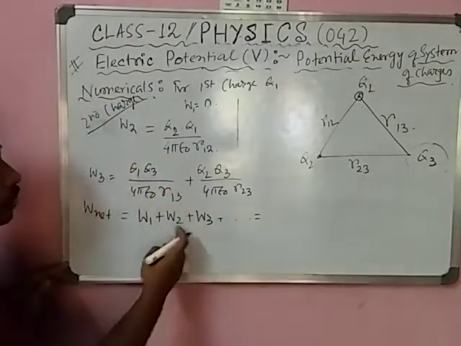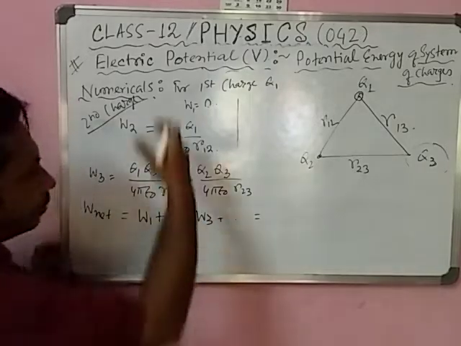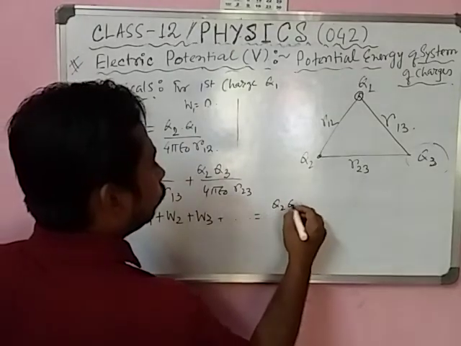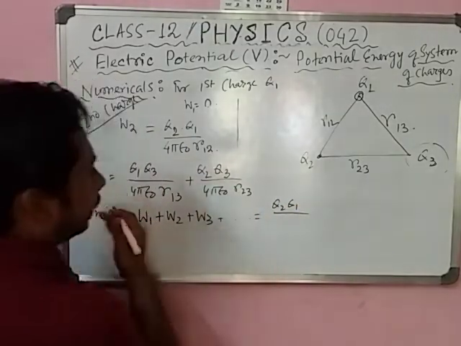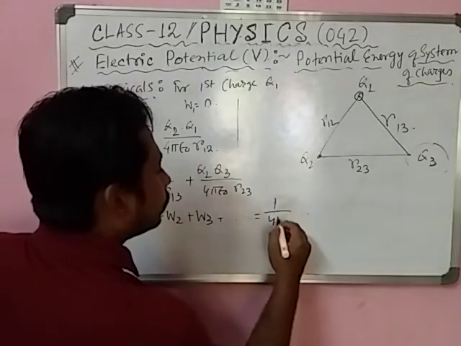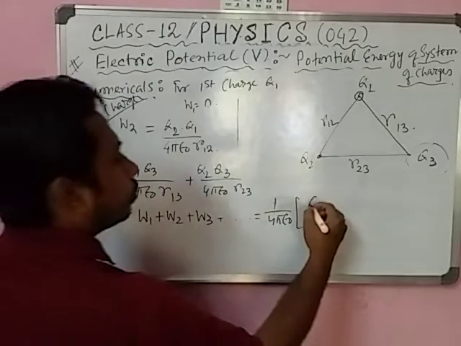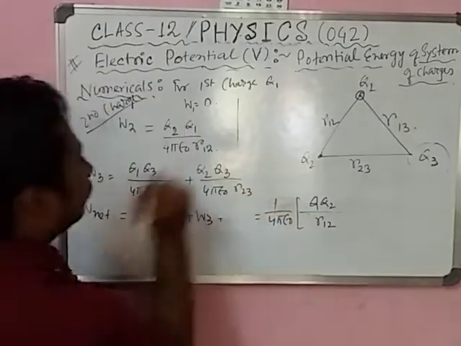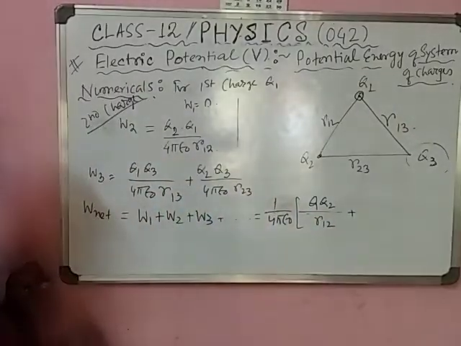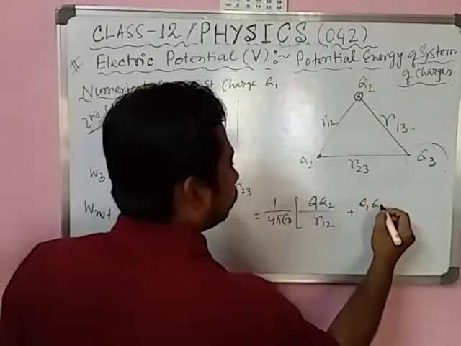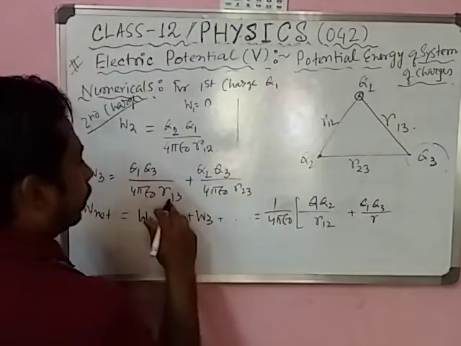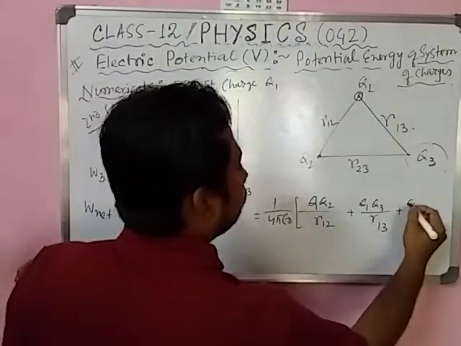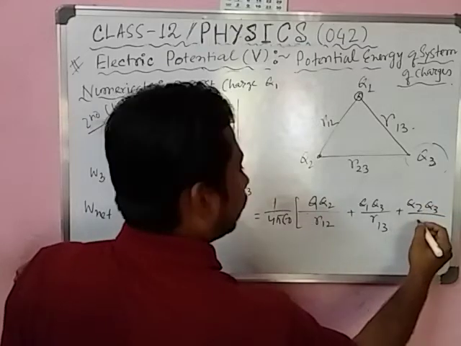So there are only 3 work done terms, W1, W2, W3, and when you sum up all 3, W1 equal to 0, so it will be 1 by 4 pi epsilon 0 outside, then you can write Q1 Q2 by R12 plus Q1 Q3 by R13 plus Q2 Q3 by R23.